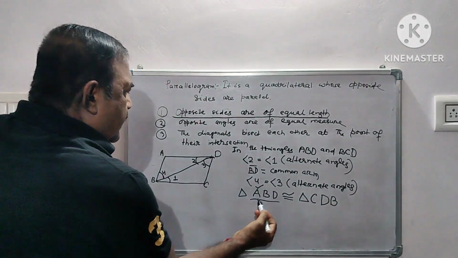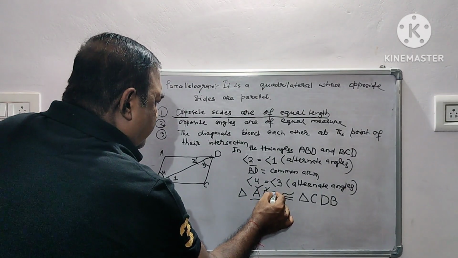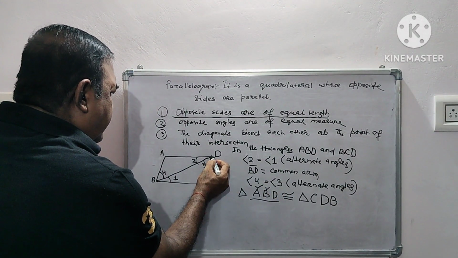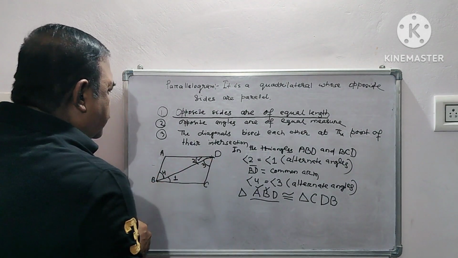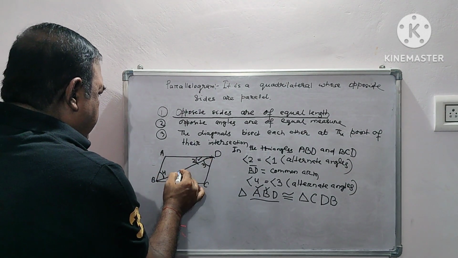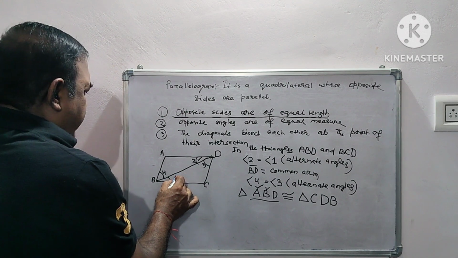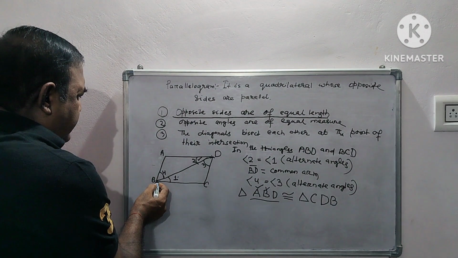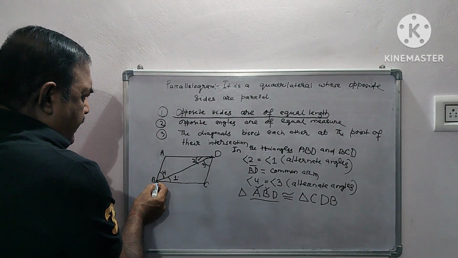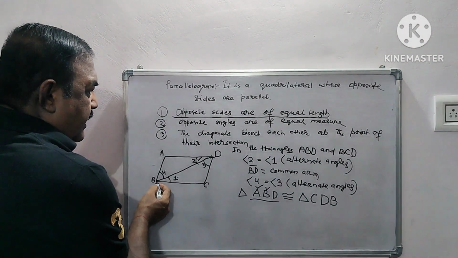How? Now again you see the vertex D for the angle ABD. So here the angle is 2, and that is equal to angle 1 in measure. So angle 1, where is it? At the vertex B of the BCD triangle.